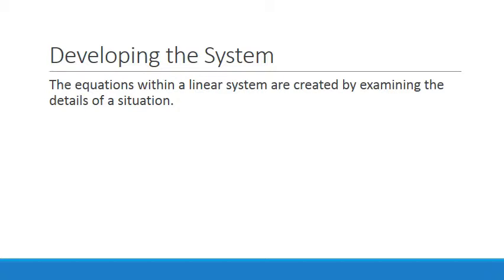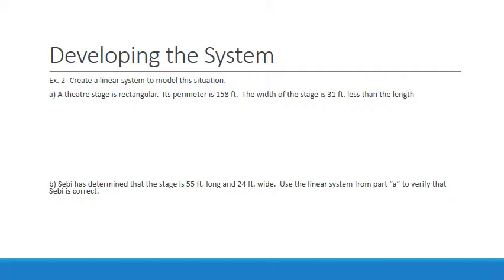Developing the system. The equations within a linear system are created by examining the details of a situation. So in these examples, I'm going to present you with some situations, and we'll have to create these two equations based on these details. So a theater stage is rectangular. Its perimeter is 158 feet.